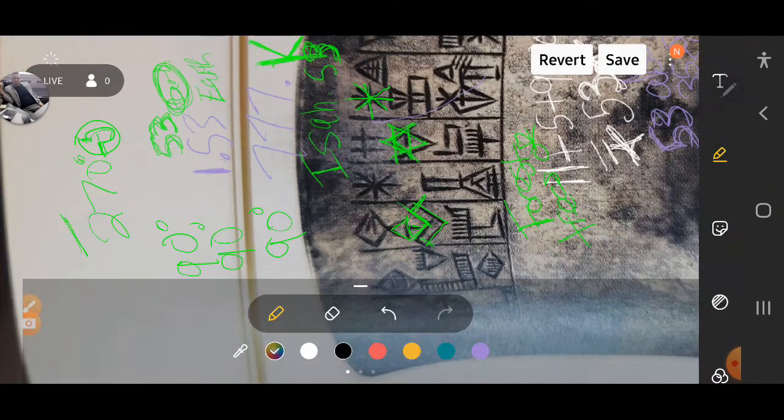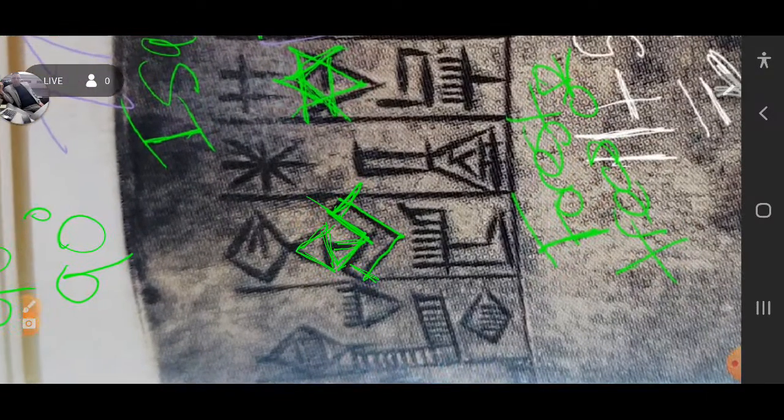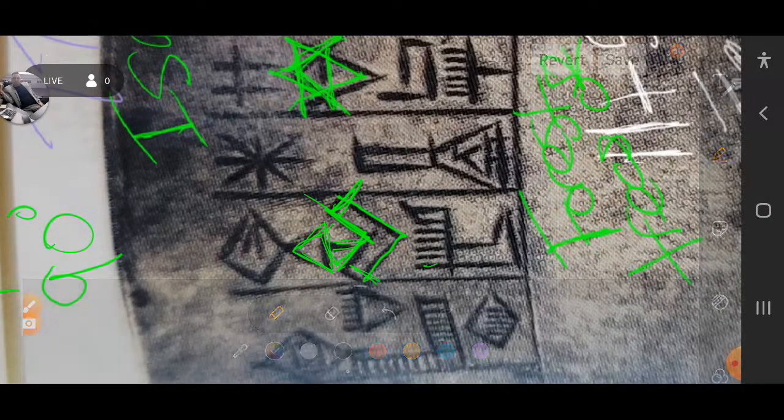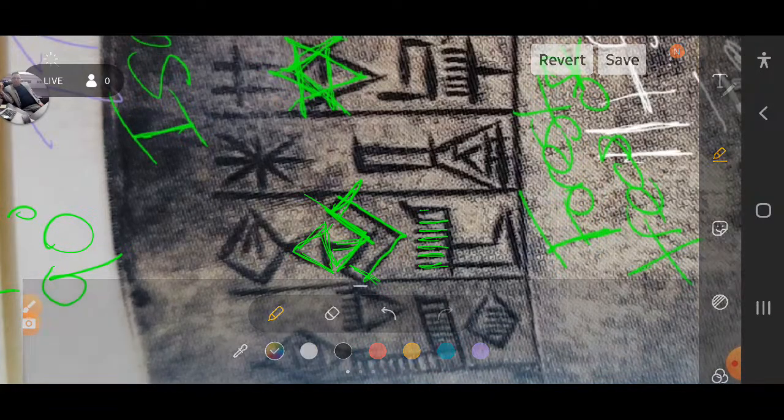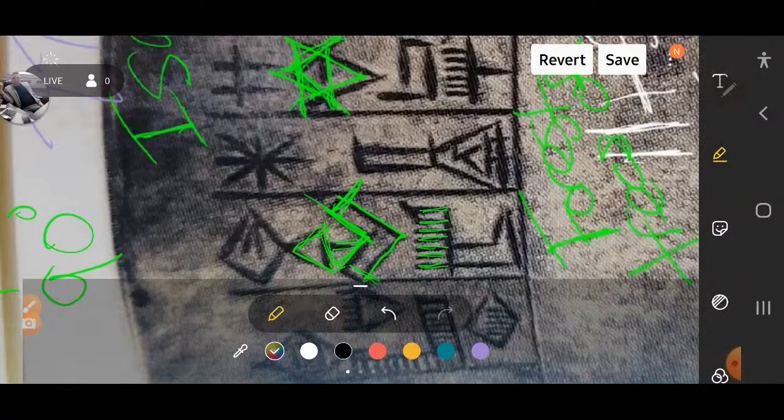Now do you see what I'm doing? Almost draws an omega sign. Then what you have here is 1, 2, 3, 4, 5, 6, 7. 7 lines.